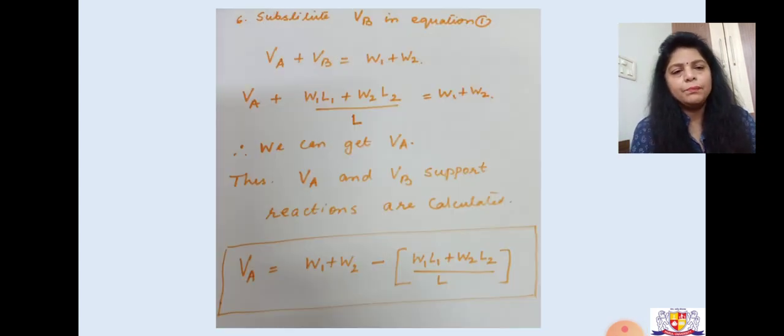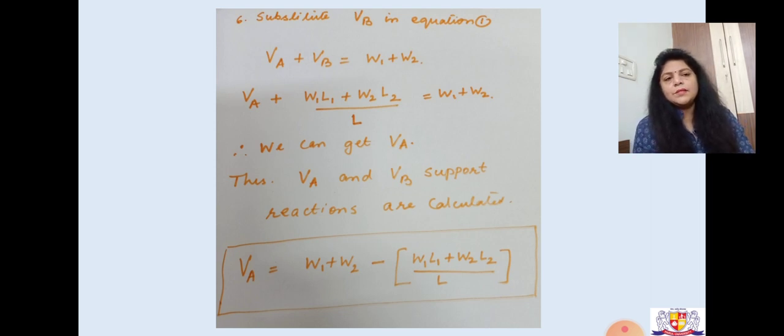Okay, so you can see, substitute the value of VB in equation 1, that is VA + VB = W1 + W2. So you get VA + (W1L1 + W2L2) upon L = W1 + W2.